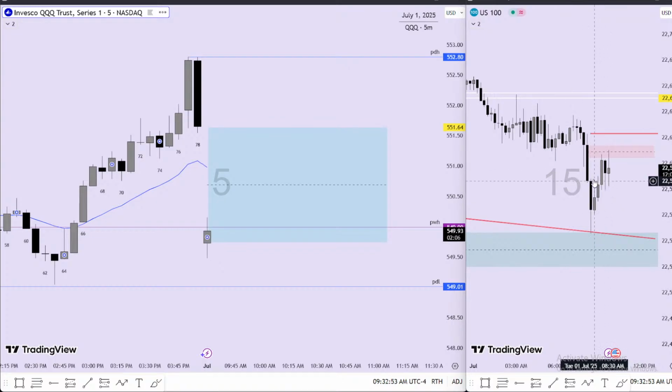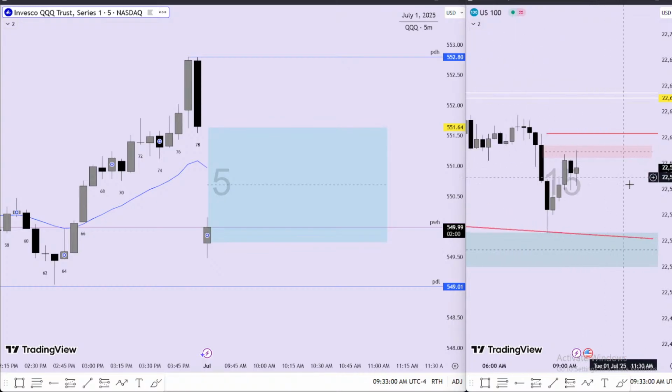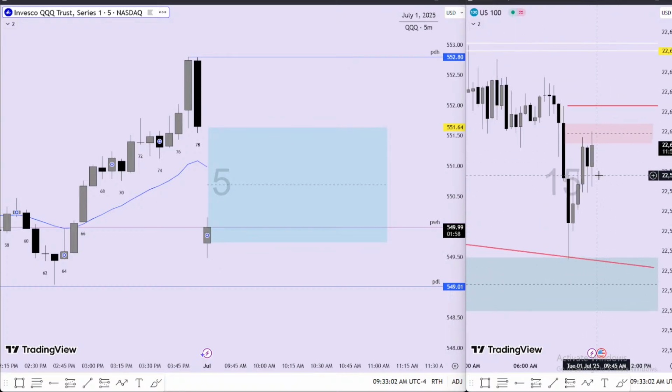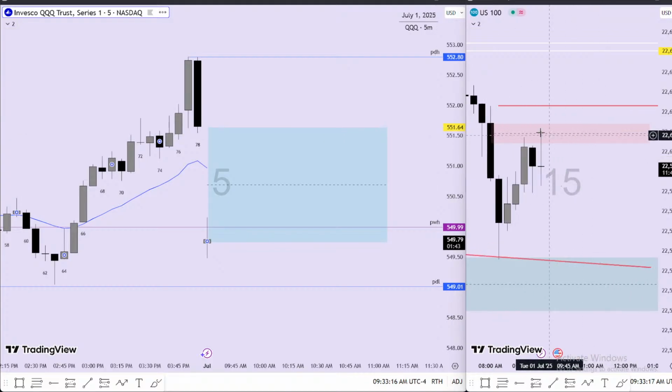This is a strong closing, and also it closed the gap. This 530 gap. At open, things that are low probability are more likely to happen. So let's wait and see how the prices react to this point.